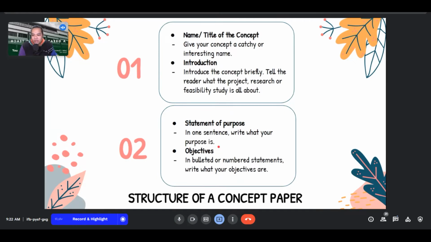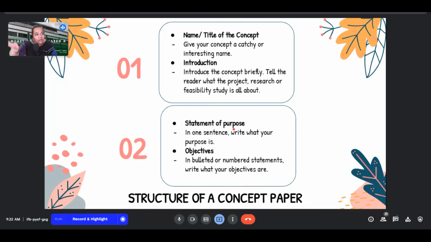Another thing that we can do is to distribute health kits and COVID safety kits to the families of Barangay 101. So that's how it goes. Tandaan, the statement of purpose is the general purpose. Okay?